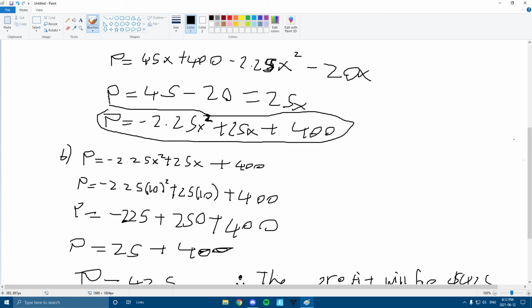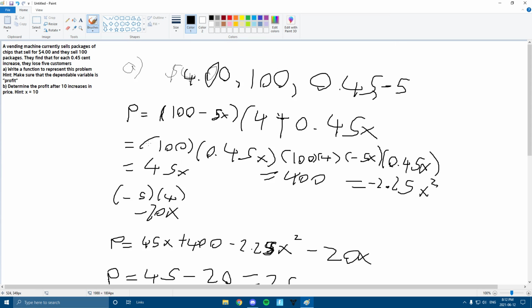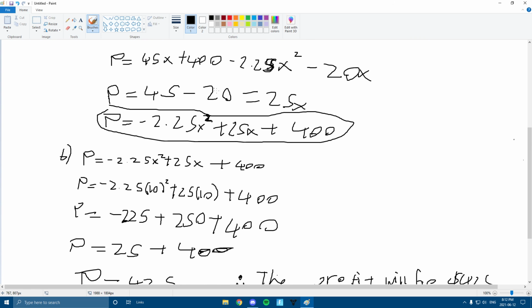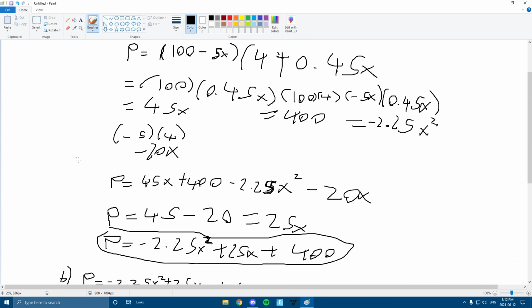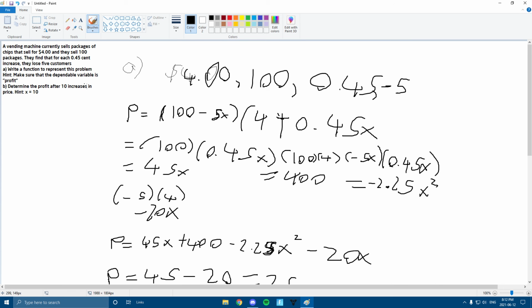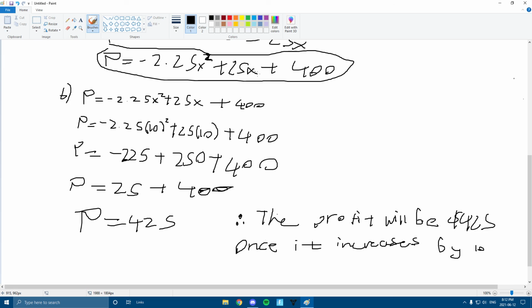This is the function that is built up from the information given, and for part B, it just asks for the profit after 10 increases in price. All you have to do is substitute the 10 into the x, and you should get a value of $425 as the profit.